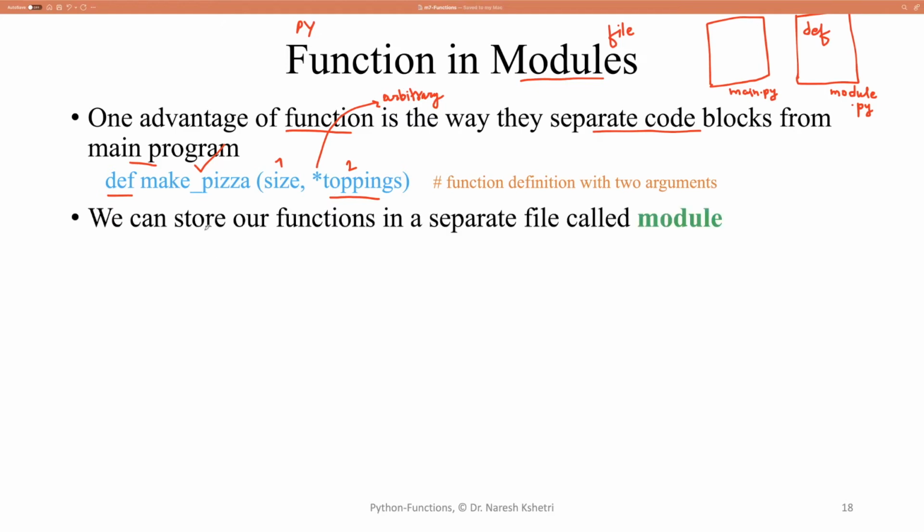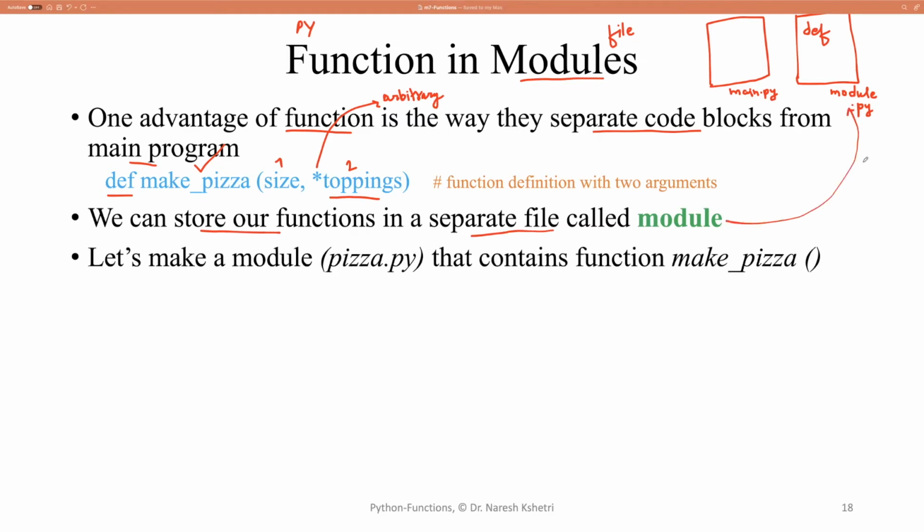So now we can store our function in a separate file. As I said, that separate file is called a module. Now let us make a module, pizza.py. As I said, that is a .py file, so the file name is pizza, that means pizza.py.